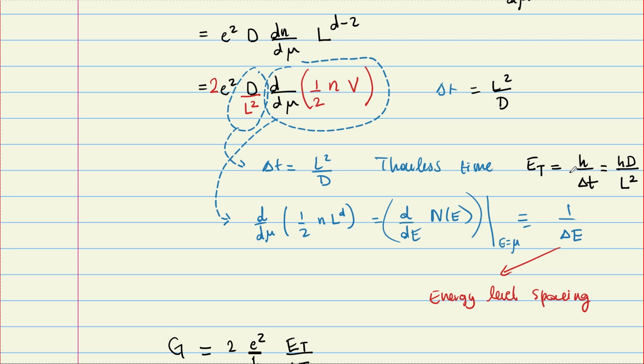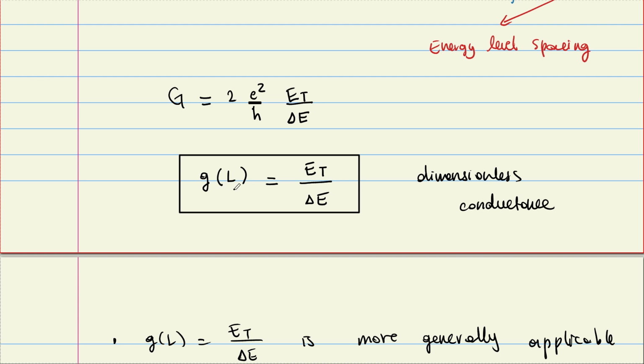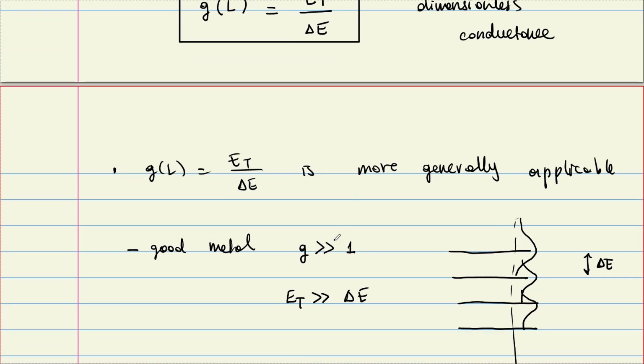Where did you use that in a good metal or in a good insulator? So here, this is the G of L, and I know G of L should be large for a good metal. If G of L is large, that means E tau s should be much bigger than delta E. And what does this mean? It means there are levels, and there's some level spacing, and this E tau s is like an energy uncertainty.